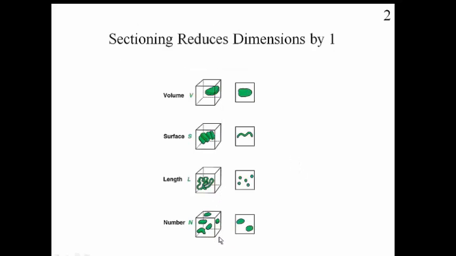Generally, you have to make sections through these three-dimensional opaque objects in order to see the structures that you're interested in. And when this happens, one loses one dimension, so volumes become areas and surfaces become lines, and linear features become cross-sections in a plane, and object number becomes difficult: it is hard to understand the relationship between the number of objects you see on the section and the number of objects that are actually within the volume you're interested in.